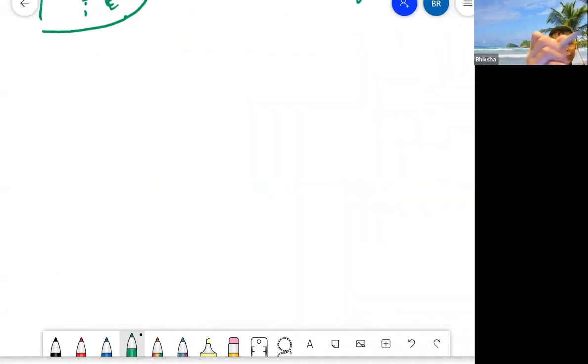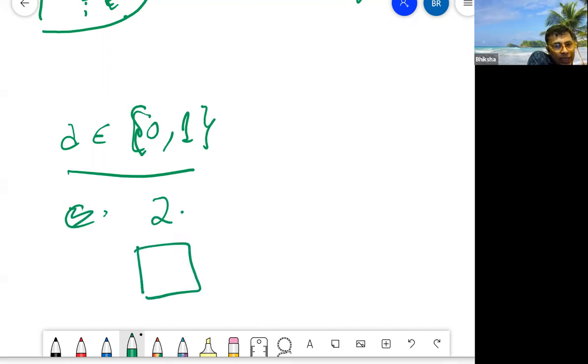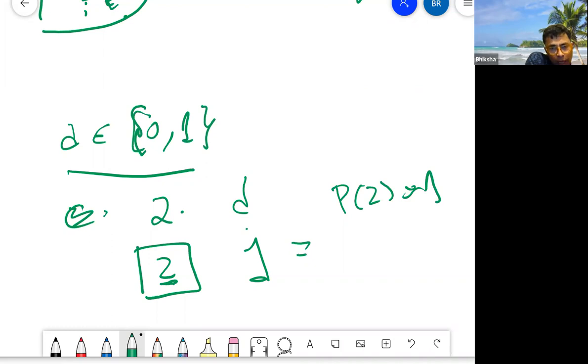Now, I can think of this binary output, so I have D belongs to 0 or 1. It's either 0 or 1. So let's say I'm trying to recognize the digit 2. I can give it an image of the digit 2, and my desired output is going to be 1. I can think of this as saying that the probability of 2 for this image is 1, and the probability of not 2 is 0.